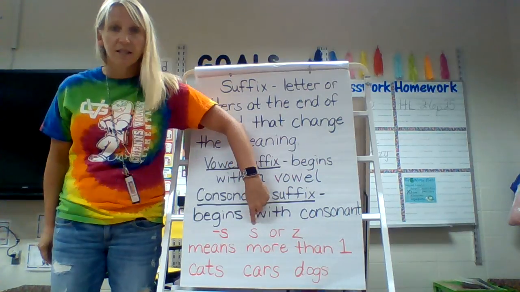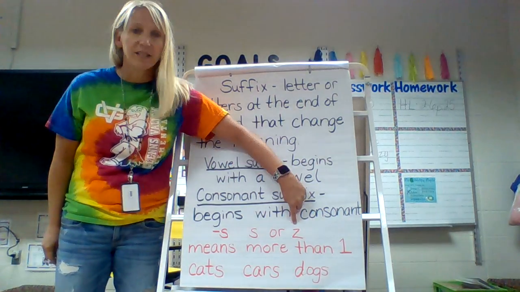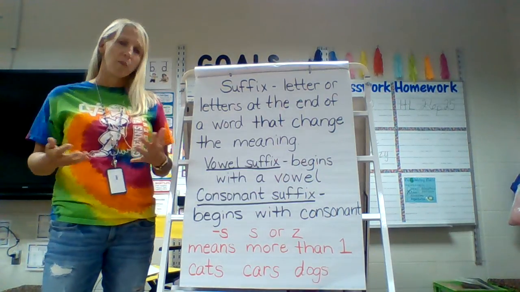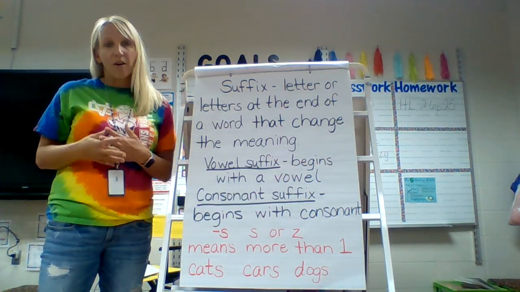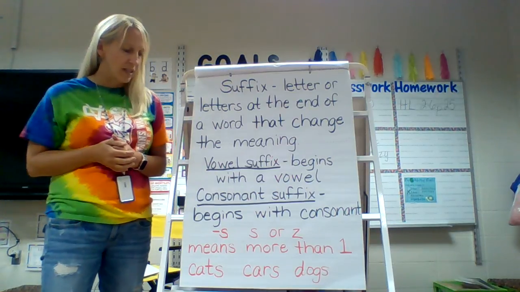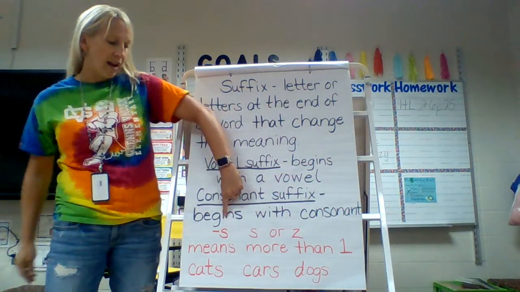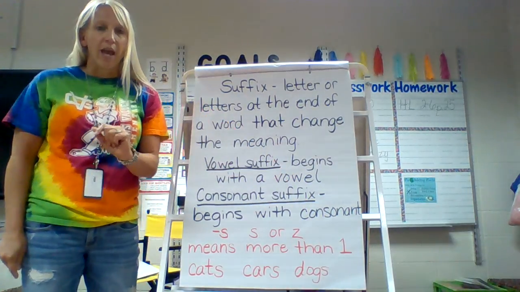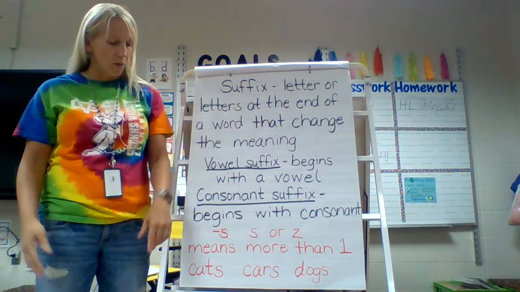So the sound like S or the Z sound. It depends on the word it's added to. Usually when you say them, you can figure out which way you should pronounce it. Okay, and again, that S means more than one. So when we add it to a noun, it means we have more than one of them.